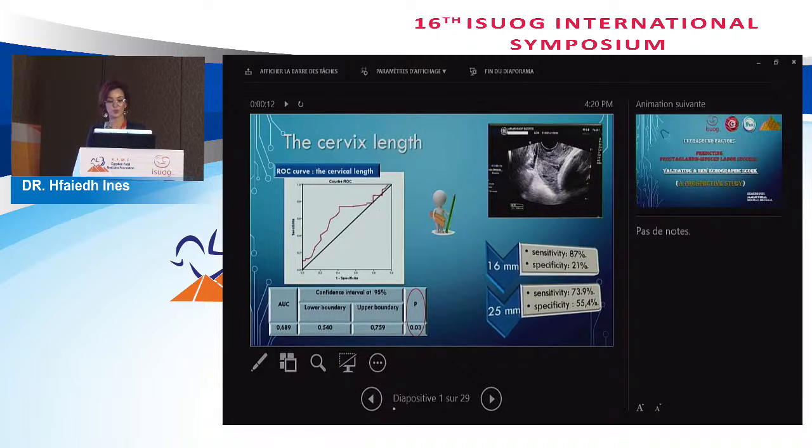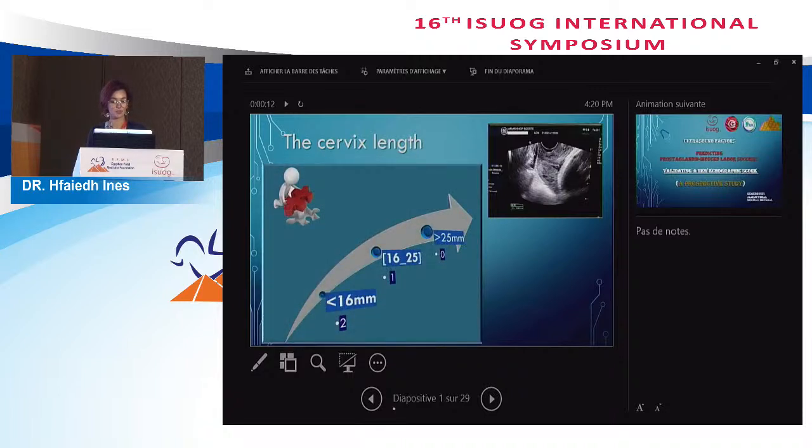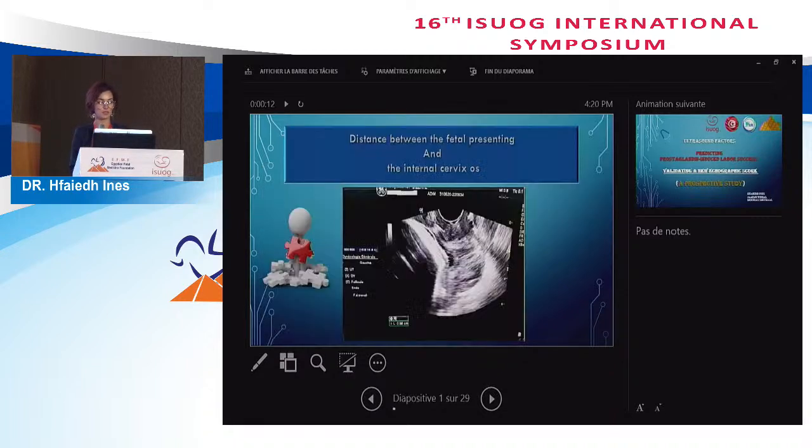So we define the cutoffs as 16 millimeters, and the higher cutoff is 25 millimeters, and we applied it to our patients, and we assign for each measurement 2 points if the cervix length is less than 16 millimeters, 1 point if the cervix length is between 16 and 25 millimeters, and 0 points if it's greater than 25 millimeters.